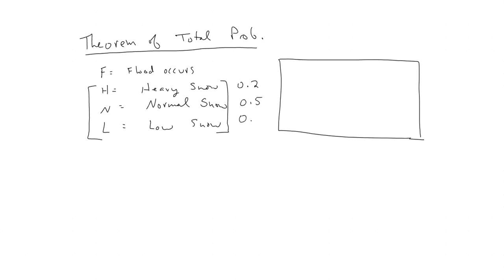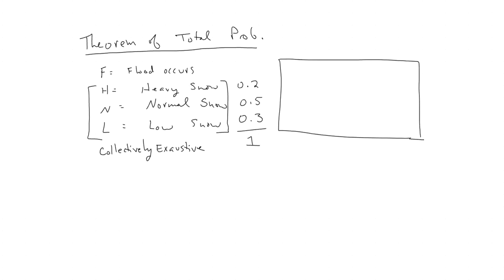Sounds about right. So all of these add up to 1, which means we can call this collectively exhaustive. The idea of collectively exhaustive is that we can define events that span the entire sample space.